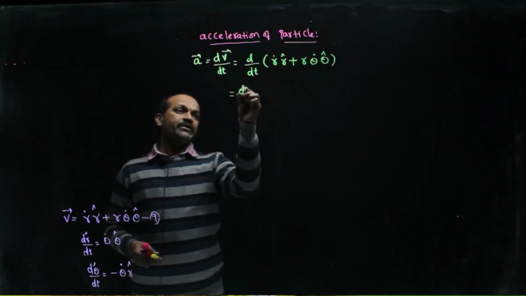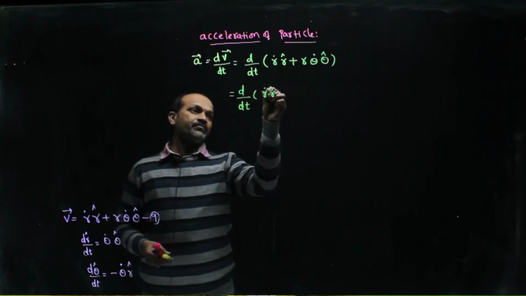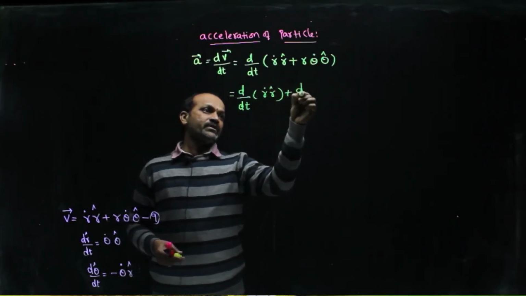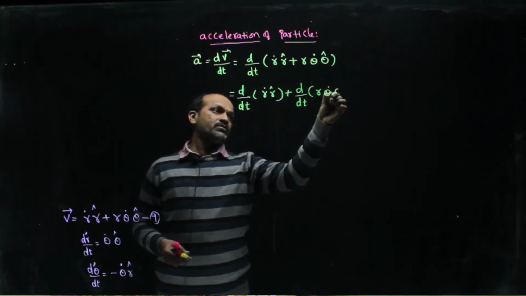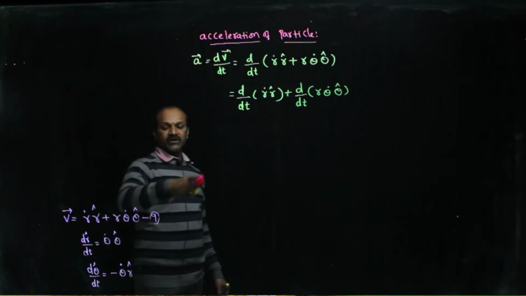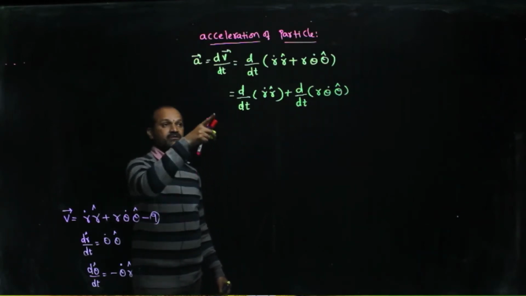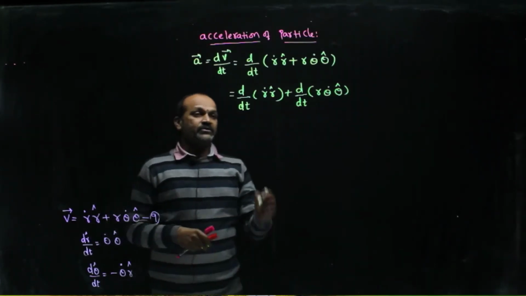So d by dt of r dot r cap plus d by dt of r theta dot theta cap. Just see, r dot r cap plus r theta dot theta cap. Now we'll apply the UVW method.